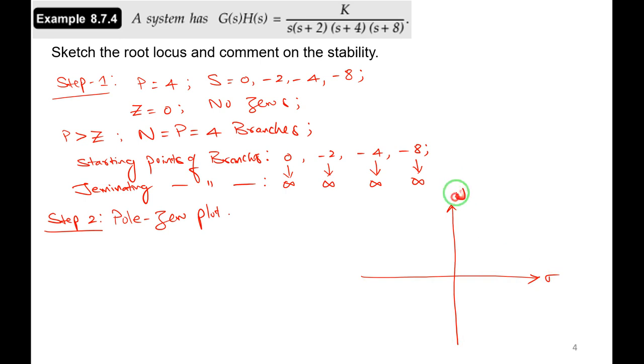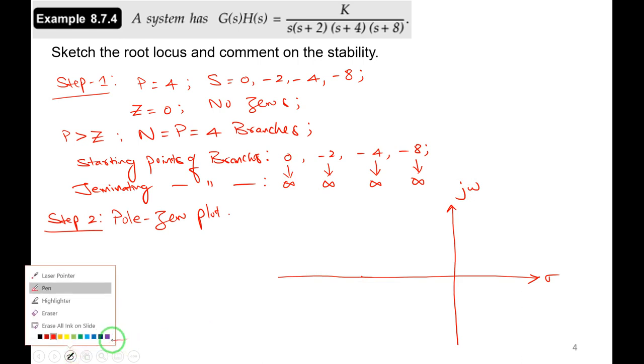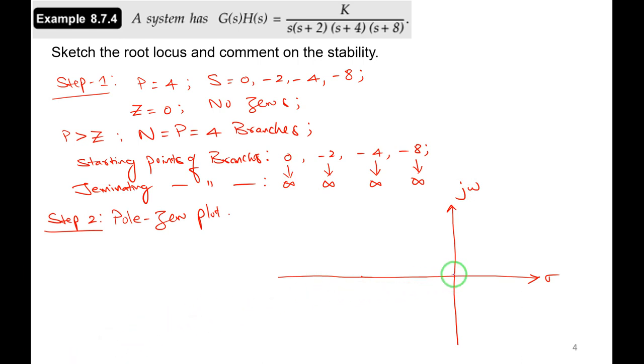Sigma j omega. Okay, we'll look at the poles here. So I'll change the ink color. 0, minus 2, minus 4, minus 8.